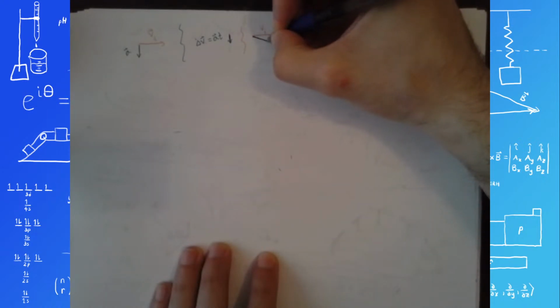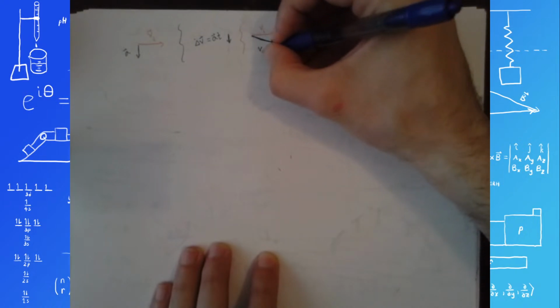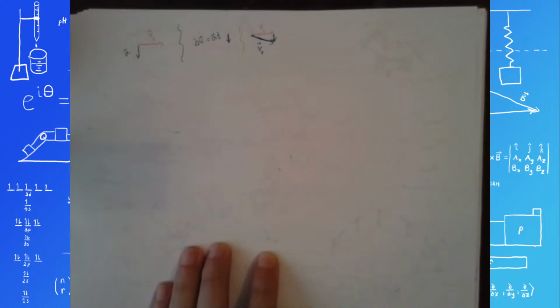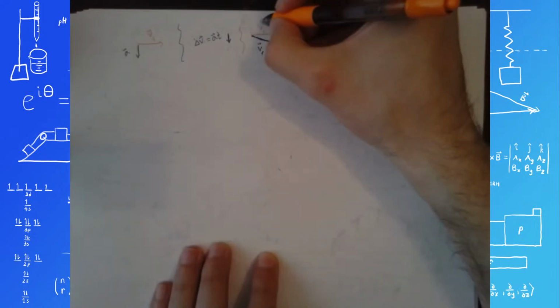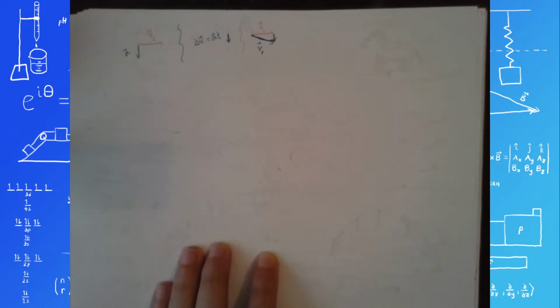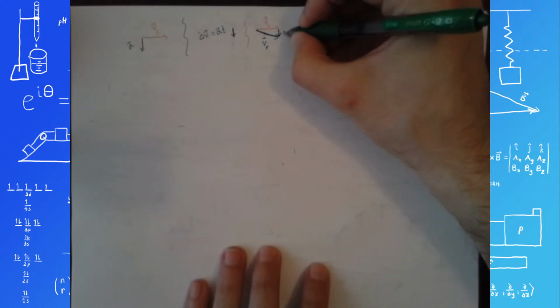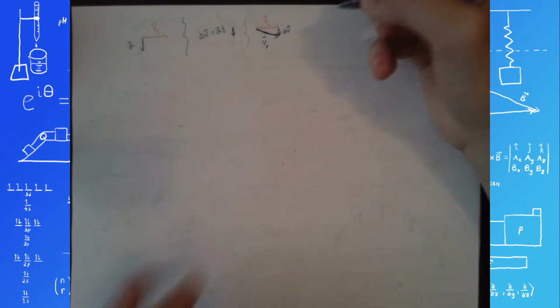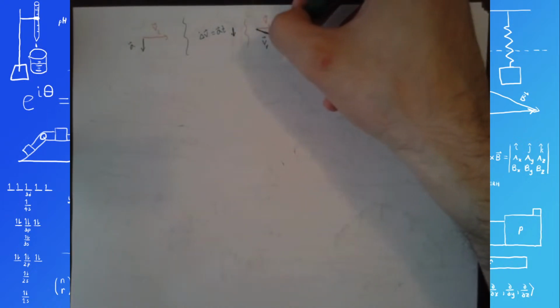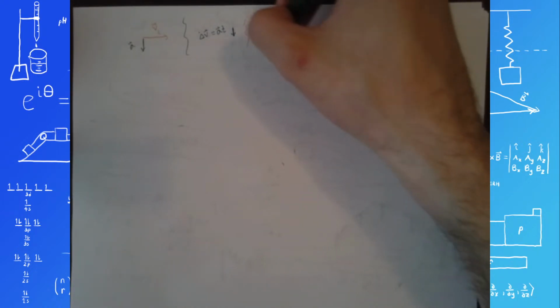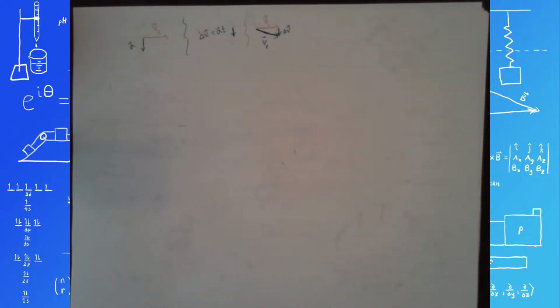I forgot to write down delta V on that vector, so that'll be V final, and I'm forgetting my arrowheads too. So if I do V initial plus delta V, I get this V final, which looks to be about the same length as V initial.